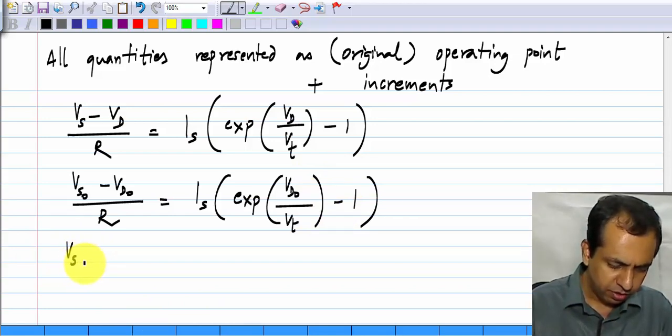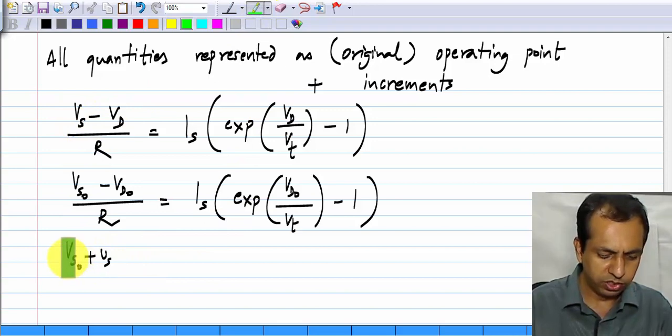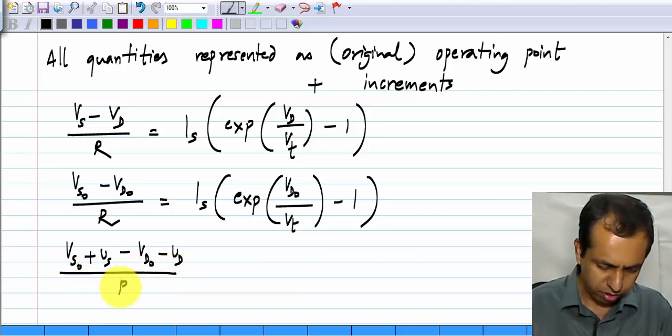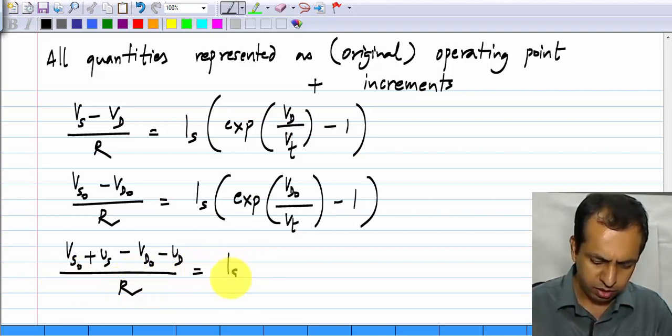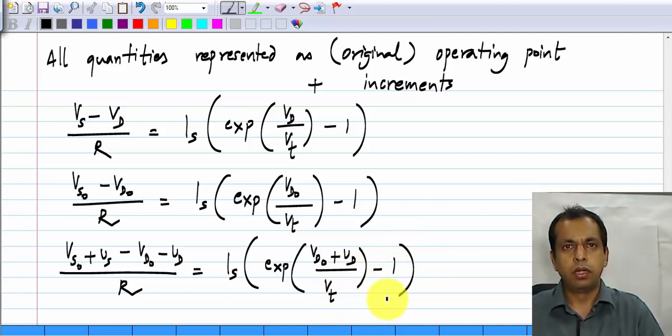I am writing the new value of Vs as Vs0 plus an increment: (Vs0 plus vs minus Vd0 minus vd) by R equals Is times exponential of (Vd0 plus vd) by Vt minus 1.